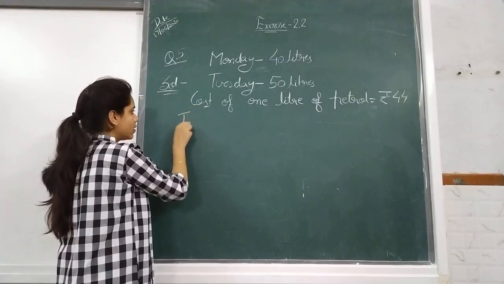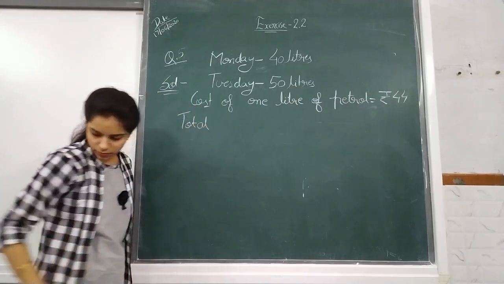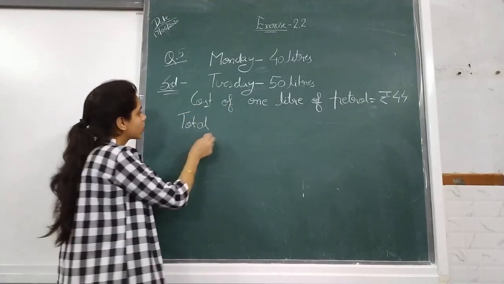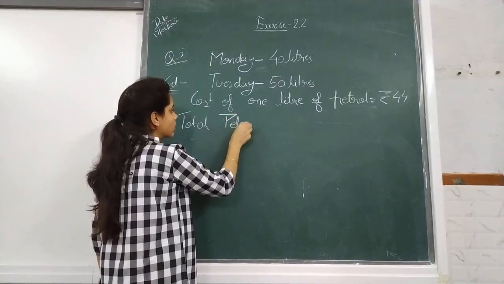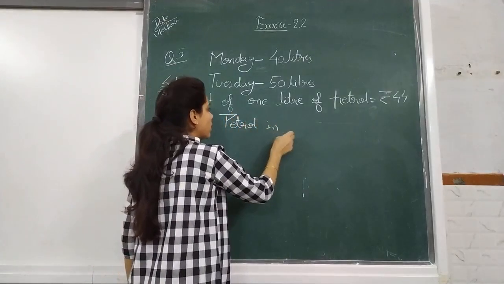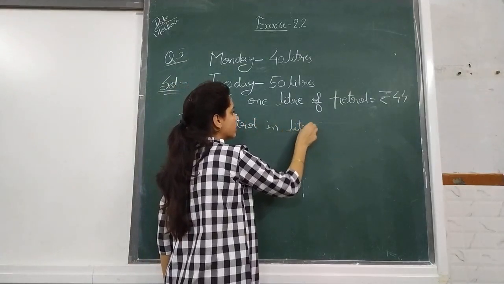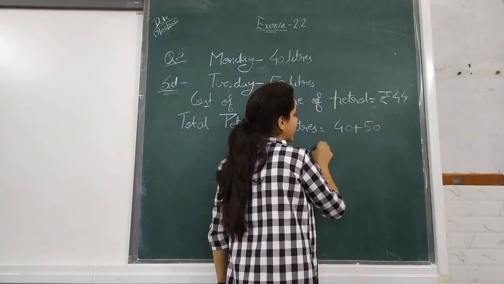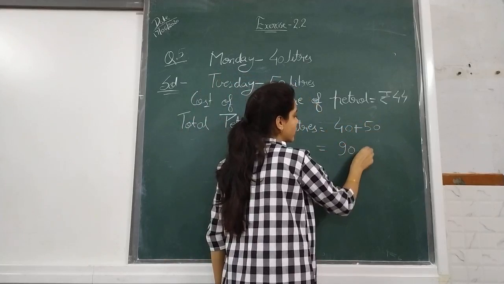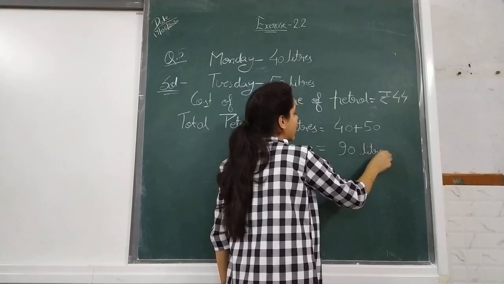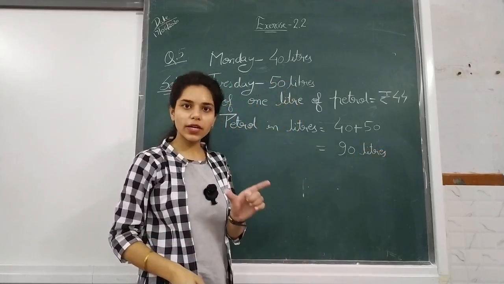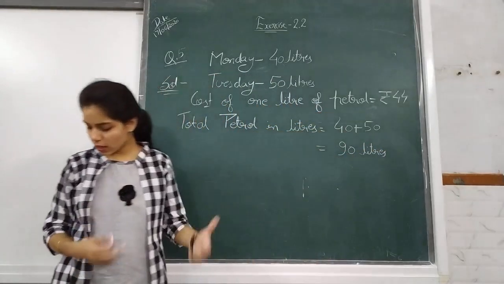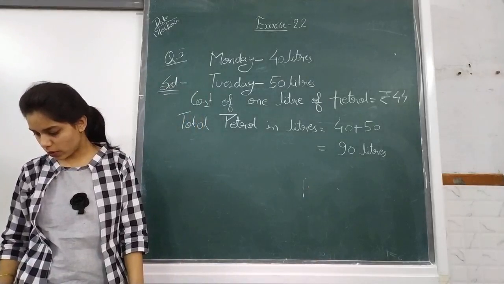So total petrol in liters will be what? 40 plus 50. Okay. So he filled 90 liters in 2 days. Okay. 90 liters. And cost of 1 liter petrol is 44. Okay. So multiply that 44 with 90. So you will get the total cost spent on petrol.